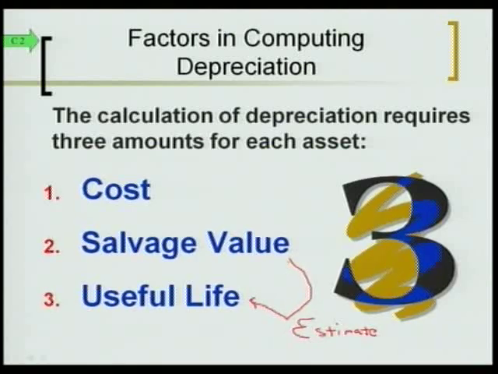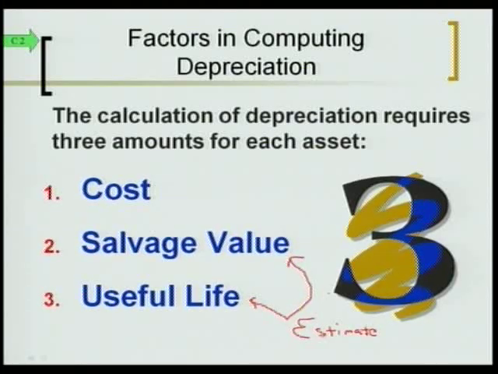Now, we know the cost, we can just look off the invoice, right? But salvage value is an estimate that we make, as is useful life. Some people think financial accounting is just black and white. It's always 100% known numbers. It's not true. There's lots of estimates in accounting. And in depreciation, we have to estimate what we think the salvage value is, and we have to estimate what we think the useful life is.